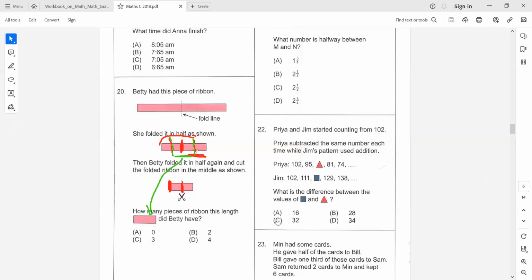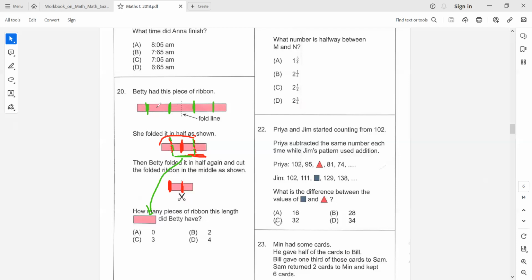Then this length will be overlapping here. See, now the answer will be 3.